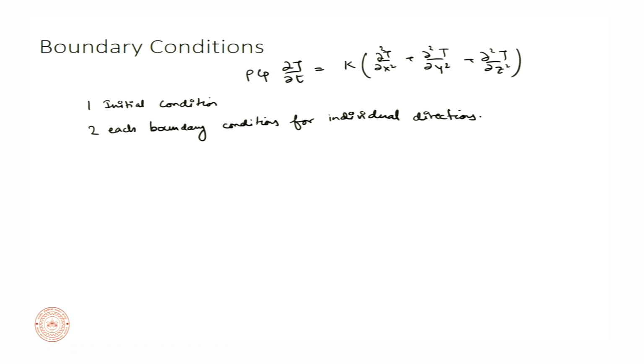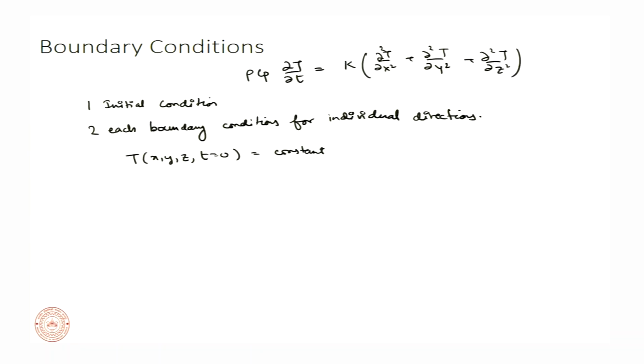We have x direction, y direction, z direction, so each direction would need two boundary conditions. That means 6 boundary conditions in total. The initial condition is just that T at all x, y, z at time t equals 0 is some constant. That is our initial condition, first order.